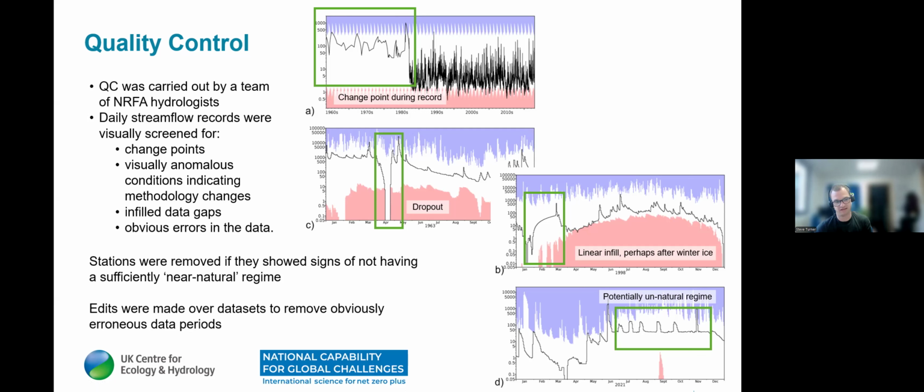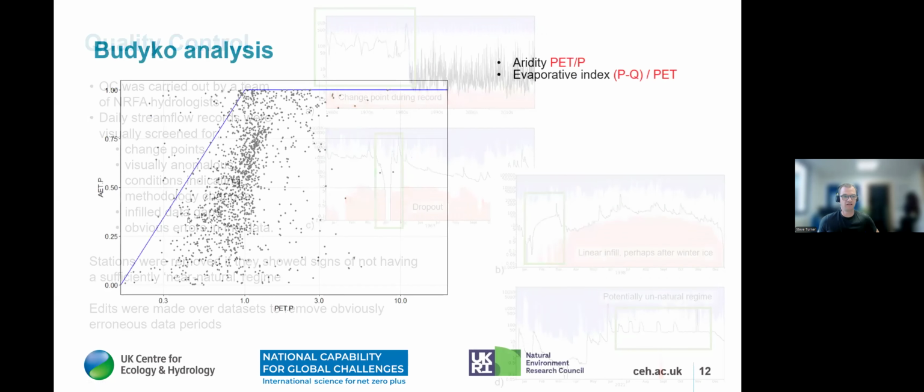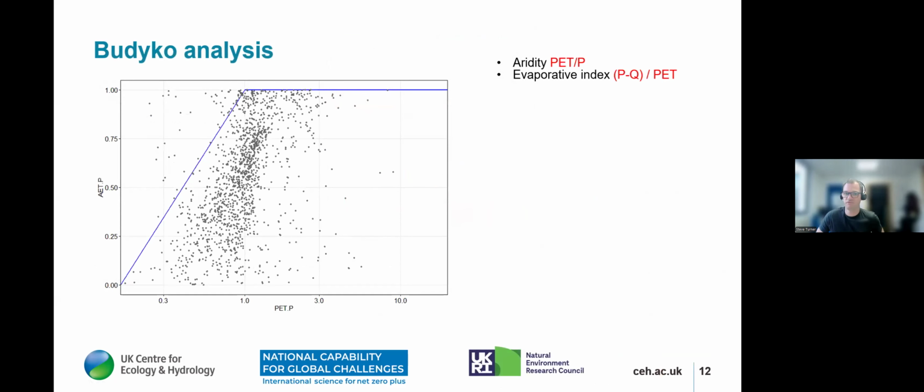As well as this visual inspection of going through each site year by year, we looked at some higher level quality control that might steer us to issues with any of the stations. So we did this eco analysis where we looked at a simple equation, looking at the potential evapotranspiration and the precipitation and the flow.